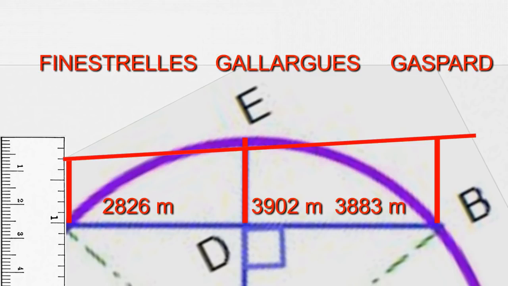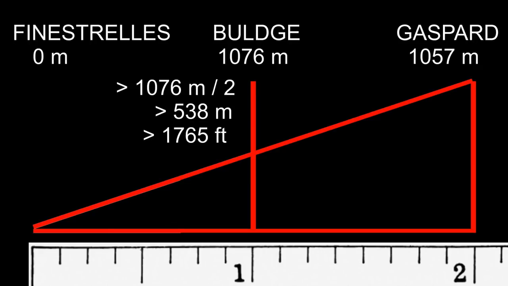Here's a graph of the elevation of the two peaks and the bulge, and I show the correction in green. This is a screenshot of the graph where I subtract the elevation of Peak Fenestrelle minus itself and the bulge and Peak Gaspard. The correction is in red for the bulge.